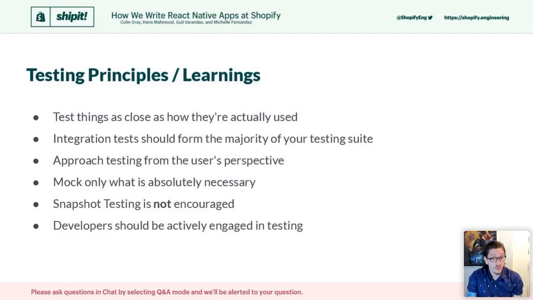Another big learning was to only mock what's absolutely necessary. The more you mock your system, the more likely you are to test your mocks and not your system. So we usually recommend people just mock any native modules, because we usually run an integration test in Jest, and that cannot execute native modules. So we usually write mocks for those.